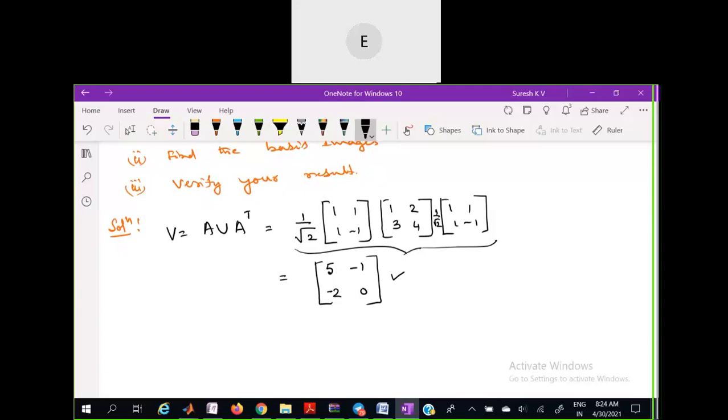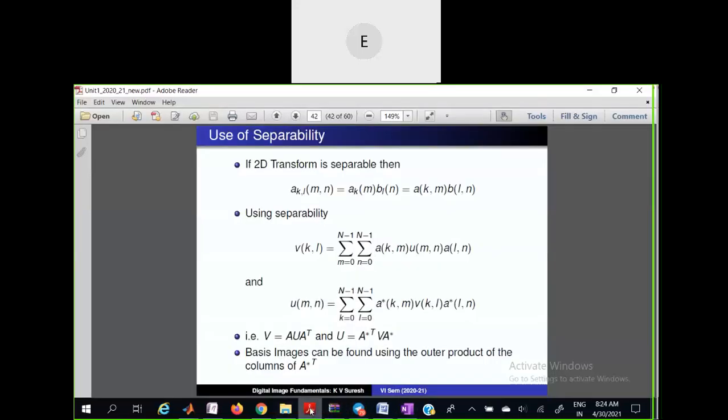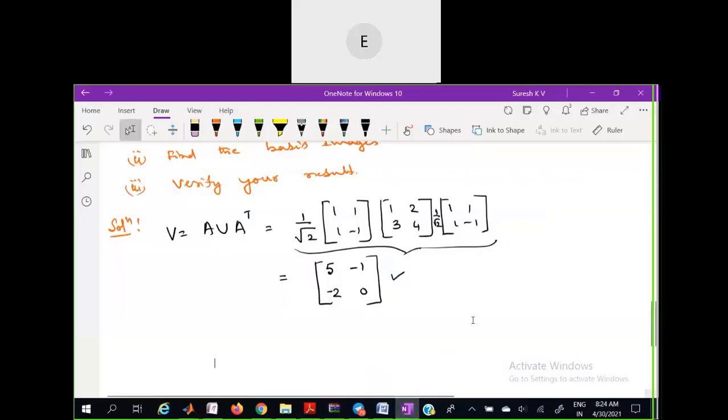Okay, the next is finding the orthogonal basis functions. Just observe here, I have introduced that basis images can be found using the outer product of the columns of A conjugate transpose. So let me go to A conjugate transpose. In fact, A is a real matrix, therefore conjugate is itself.